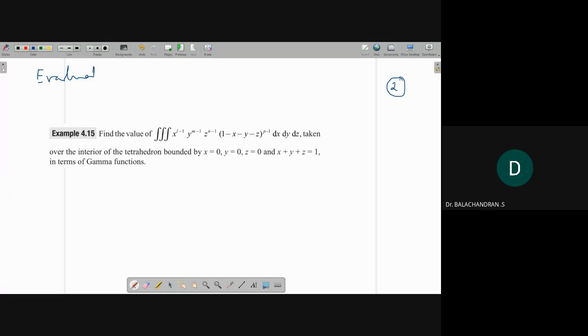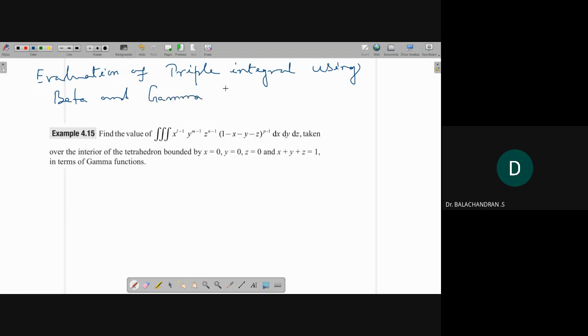Evaluation of triple integral using beta and gamma function. Write the problem.